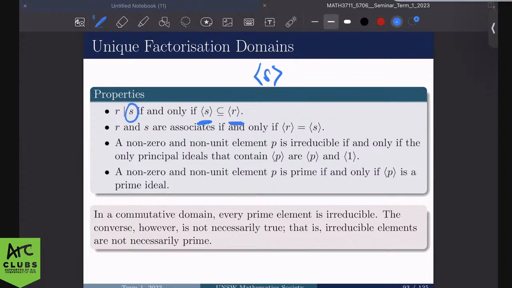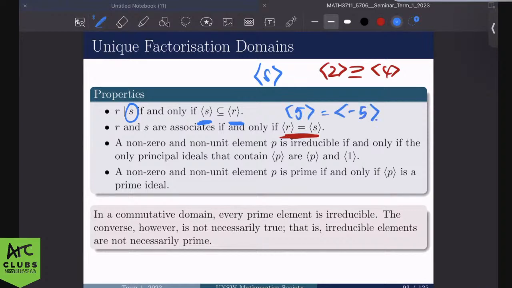The one that is a multiple of the other is going to be a subset of it. So for example, like 2 and 4, the ideal of 4 is just a subset of the ideal of 2, because 4 is just a multiple of 2, right? And two numbers are associates if and only if their ideals generated are the same. So for example, 5 is the same thing as minus 5.